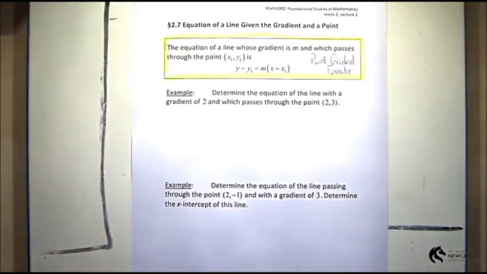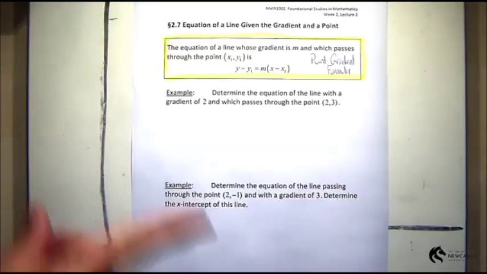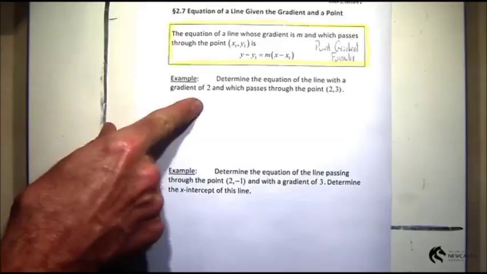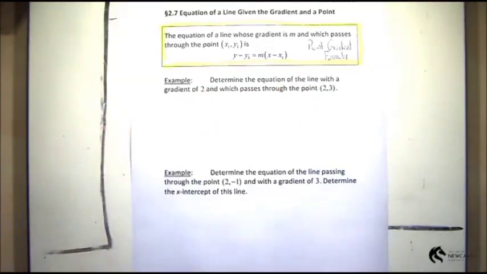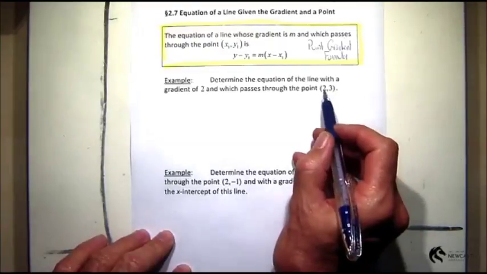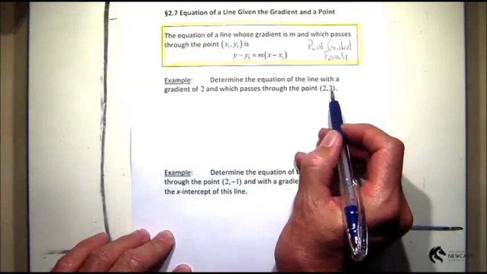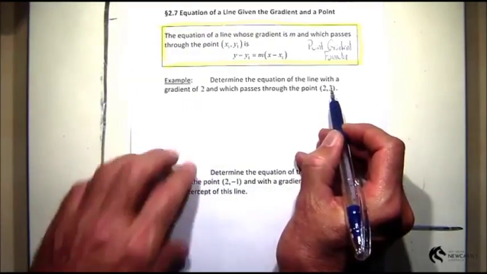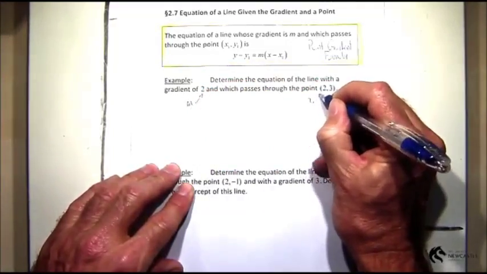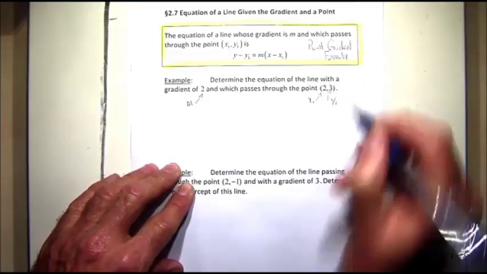And just to show you that we get the same answer, let me do the question I just did again. Find the equation of the line with gradient 2 and which passes through 2, 3. According to this, x1 is 2, y1 is 3, m is 2. So I'll just say, look, that's m there, that's x1, that's y1.